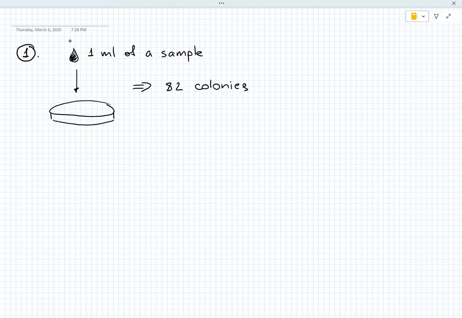Right? Now, in our future conversations, instead of the term colony, we're going to use the term colony forming unit. So we got 82 colony forming units.